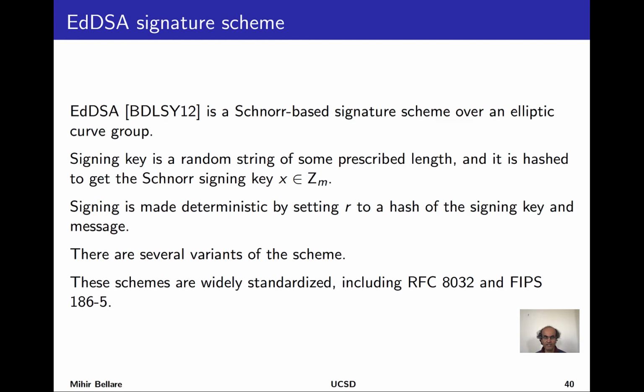Also, whereas Schnorr has randomized signing, in EdDSA it is made deterministic by a general and known technique of setting the randomness R to a hash of the signing key and message. There are several variants of the scheme, but this scheme is very widely employed and standardized, including in various RFCs, in PGP and other places. So this is a good reflection of how Schnorr-style signatures and EdDSA in particular are highly influential and used today.